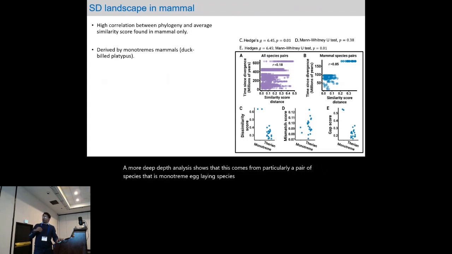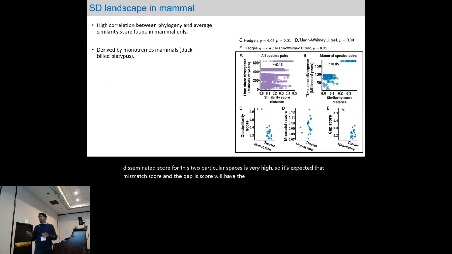More investigation showed that the similarity score comes from the mismatch score and the gap score, and as the dissimilarity score for these 2 particular species is very high, it's expected that the mismatch score and the gap score will have a similar pattern.